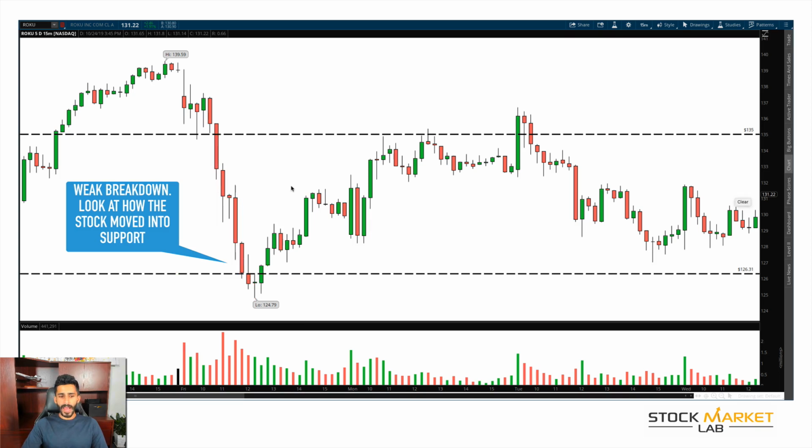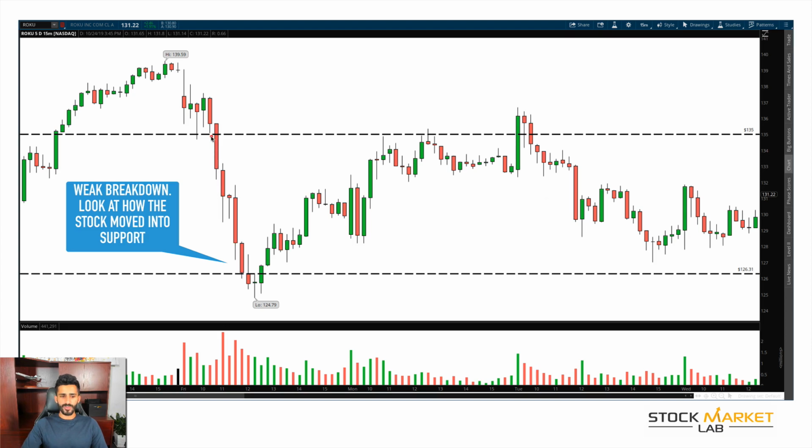If I see this, I'm not touching it, because what tends to happen is you see it go down, you're like, oh, let me get in, right? You start chasing, and then when you're chased, people get trapped, stock reverses hard, and obviously market makers and other people made money. You are the one that gets trapped, right? I don't like the way this went into support.